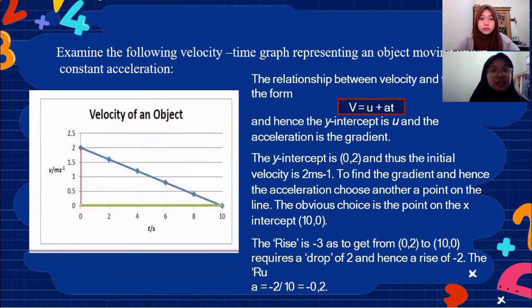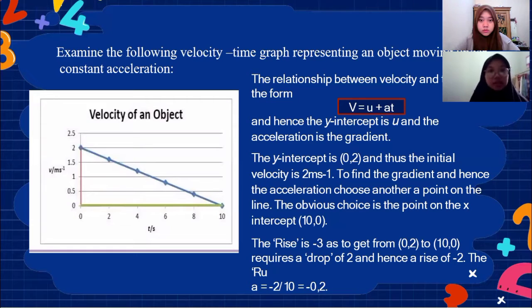Okay, we will examine the velocity to time graph representing an object moving under a constant acceleration. We know the relationship between velocity and time is of the form v equals u plus a times t, and hence the y-intercept is u and the acceleration is the gradient.